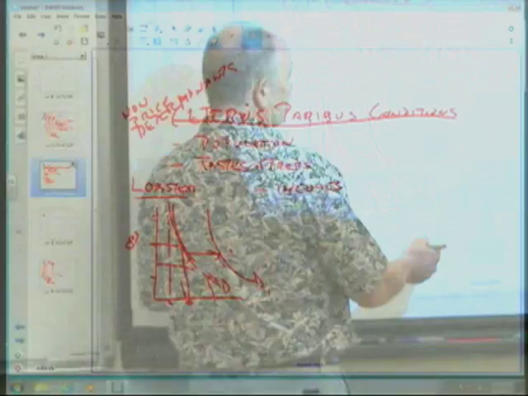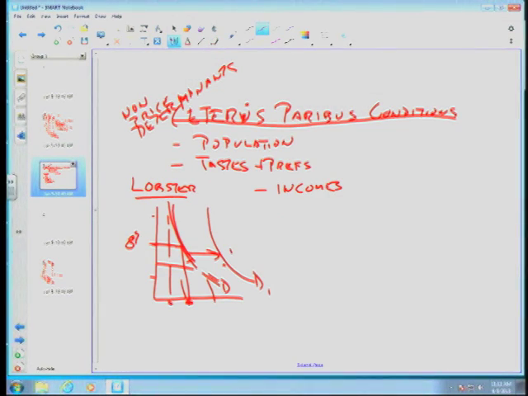What else do we have? Populations, tastes and preferences, related goods. There are two different kinds of related goods. We have complements. Sorry, I always do that. It's not compliment, it's complement, with an E, something that goes together.